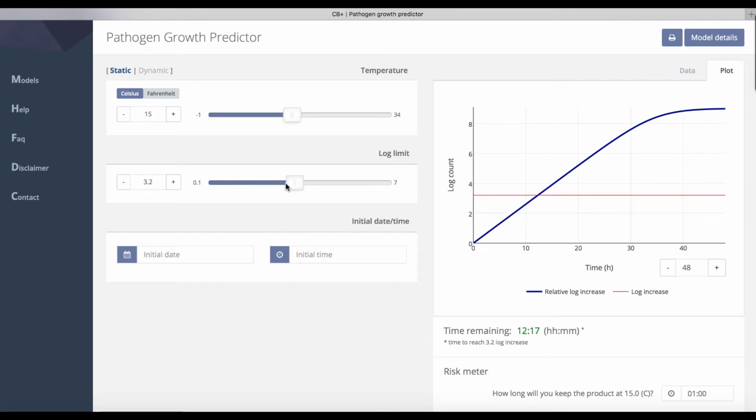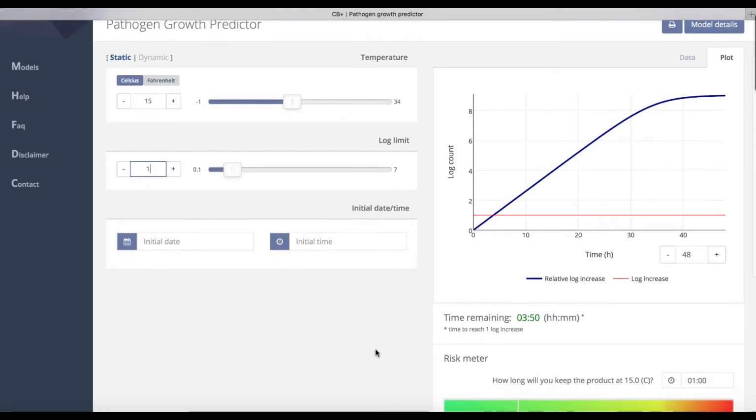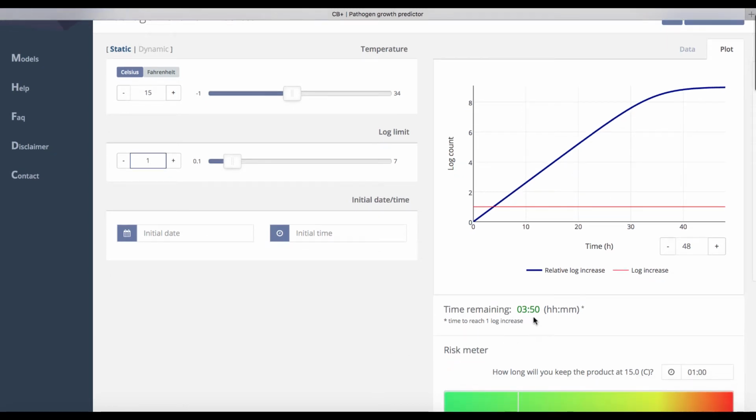The log limit feature lets you set a net log growth, such as 1 log, a level that is often recognized by regulatory authorities as an acceptable increase, such as for Listeria monocytogenes. Shown below the graph is the time to reach the critical log limit. In this case, it takes 3 hours and 50 minutes to reach a 1 log increase.